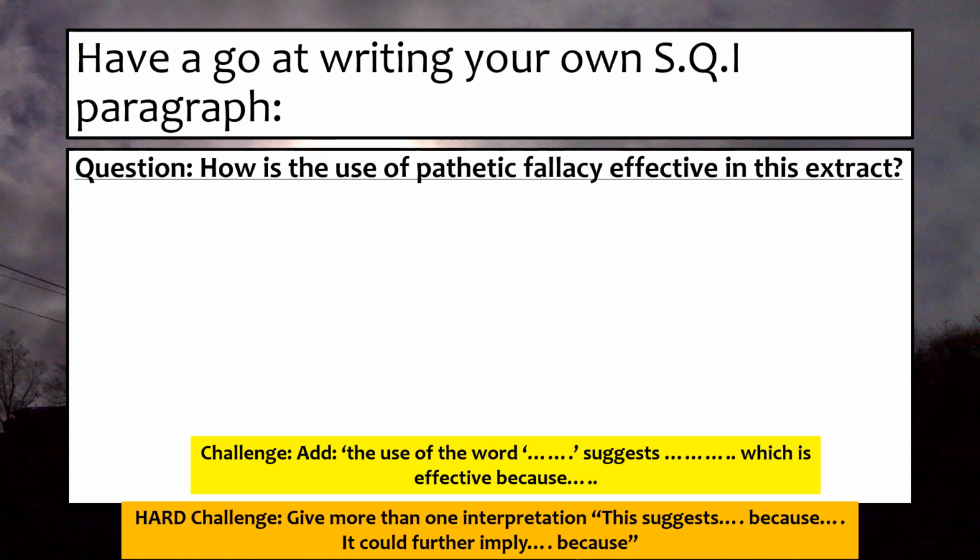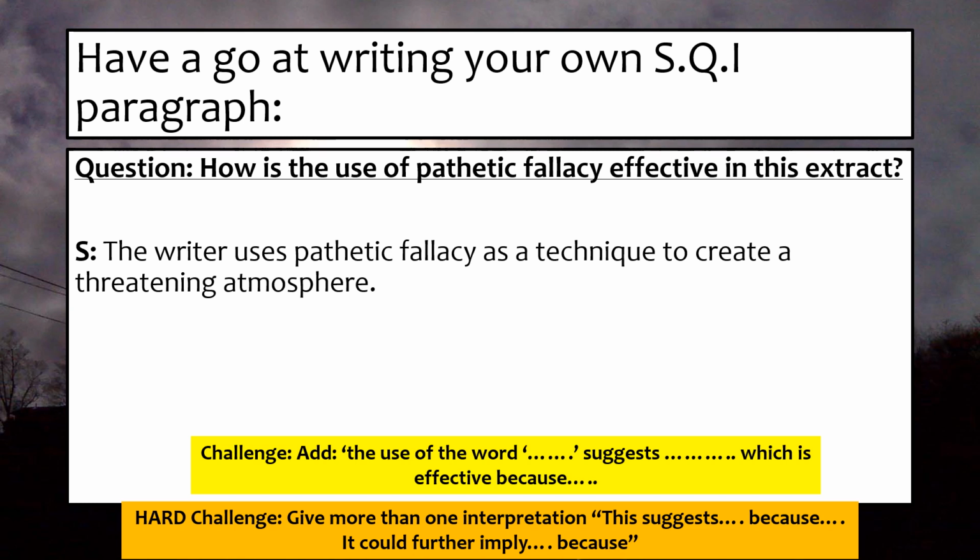If you're still stuck on putting together your own paragraph, you can borrow this sentence starter for your statement. So we've got, the writer uses pathetic fallacy as a technique to create a threatening atmosphere. You can change the adjective threatening to literally any adjective that you want.